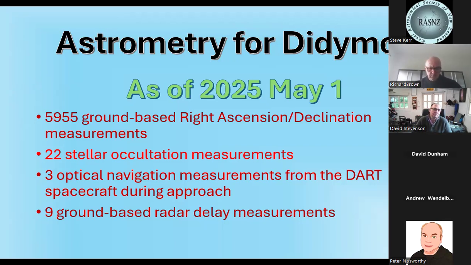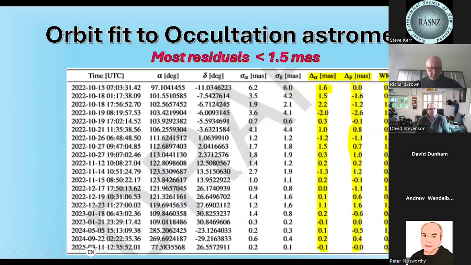So where do our occultation observations fit in this? Well, first of all, this is the set of astrometry being used, and here are the residuals of the final orbit fit.